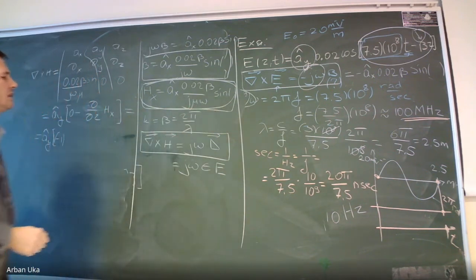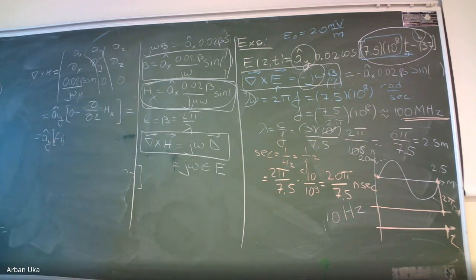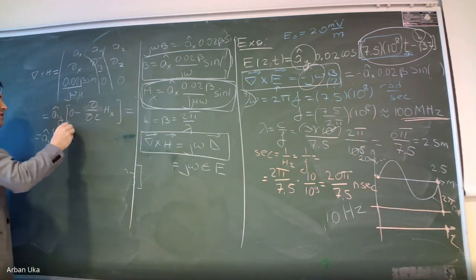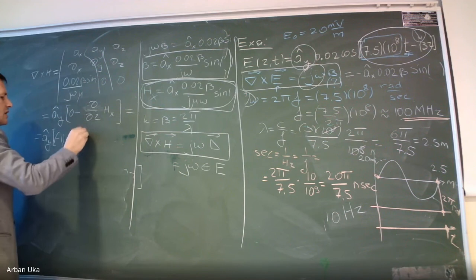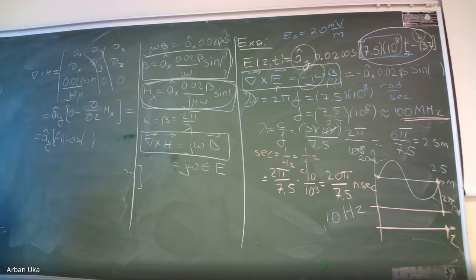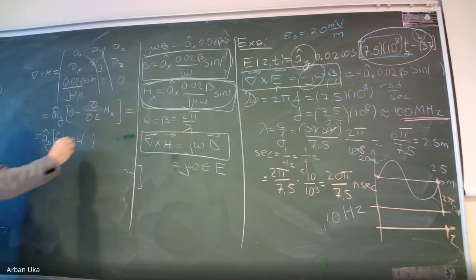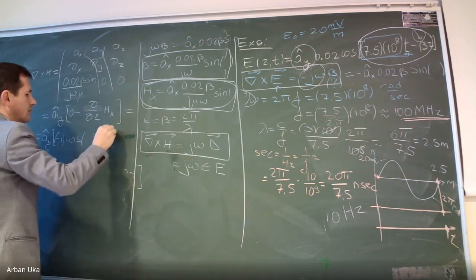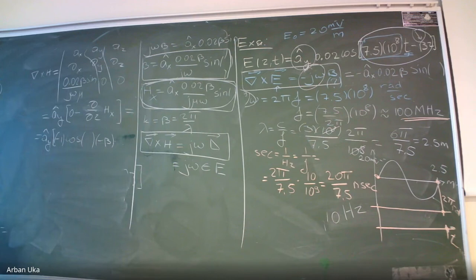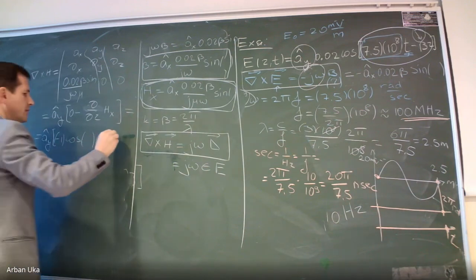The derivative of sine is equal to plus sine, sorry, cosine. We get here cosine with a lot of other terms, times the minus beta. This is minus beta. And then we have the amplitude terms, which would be 0.02 beta.